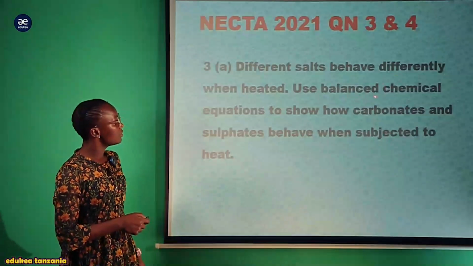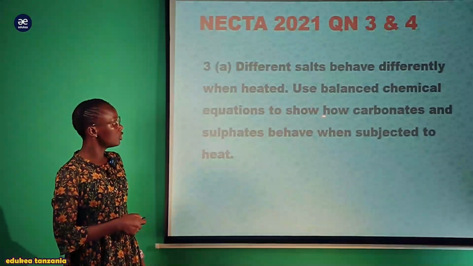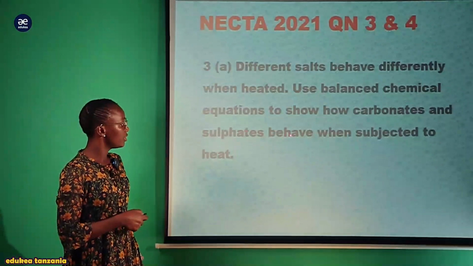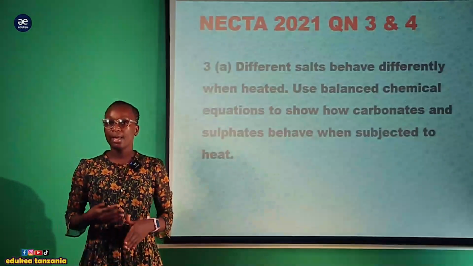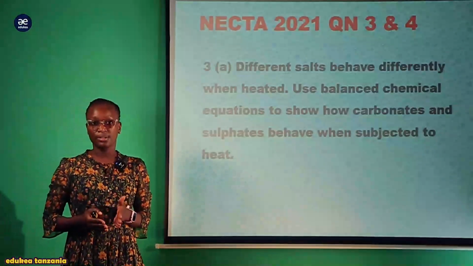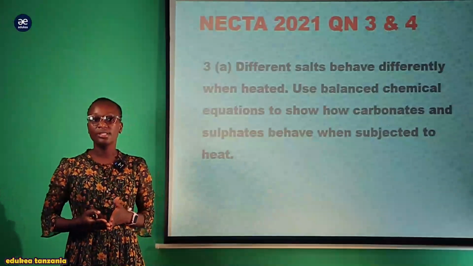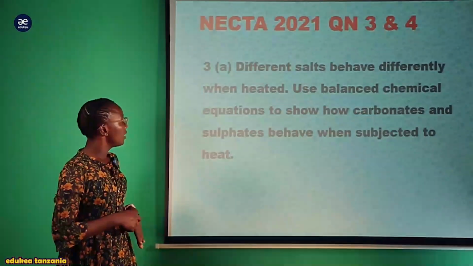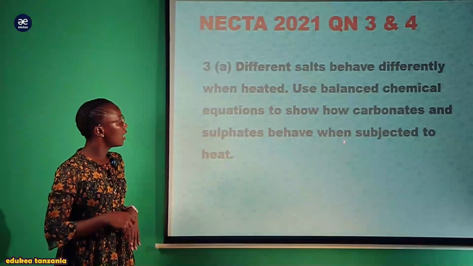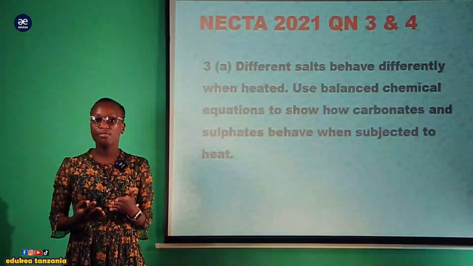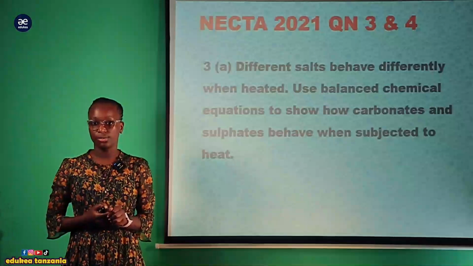Now, use balanced chemical equations to show how carbonate and sulfate behave when subjected to heat. Utumie chemical balanced equation uonyeshe ni jinsi gani carbonate salt and sulfate salt, they behave when subjected to the heat source.